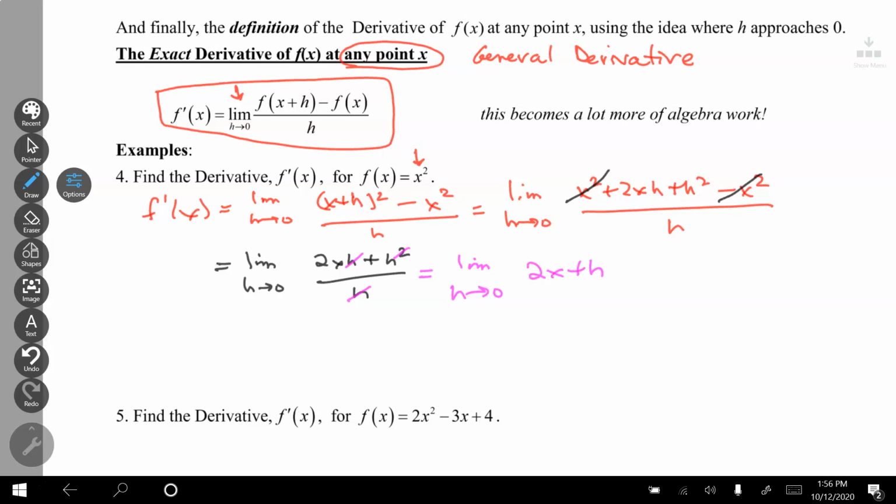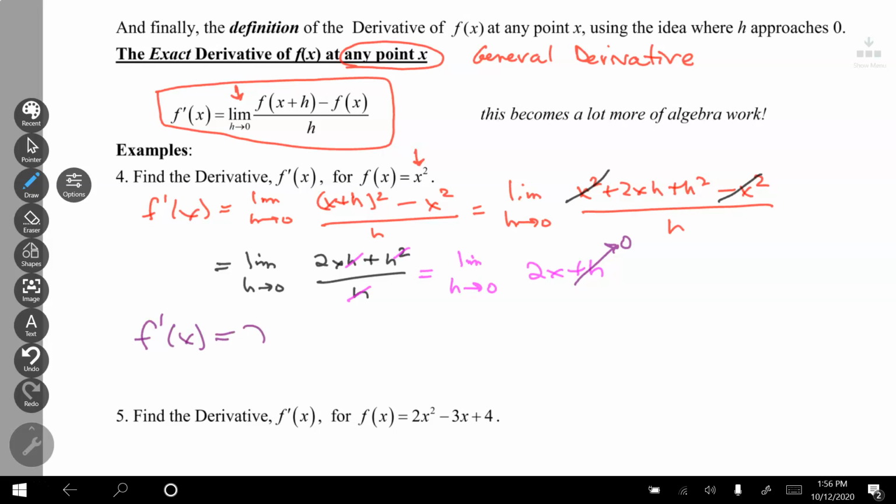So the answer of 2x plus h, I'm going to get rid of this for a second. When I had you do rate of change, you kept giving me results something like this, 2x plus h. But now we're finding the derivative, so I have this limit as h goes to 0. That means every time I see h, it equals 0. So my final result, and notation does matter.